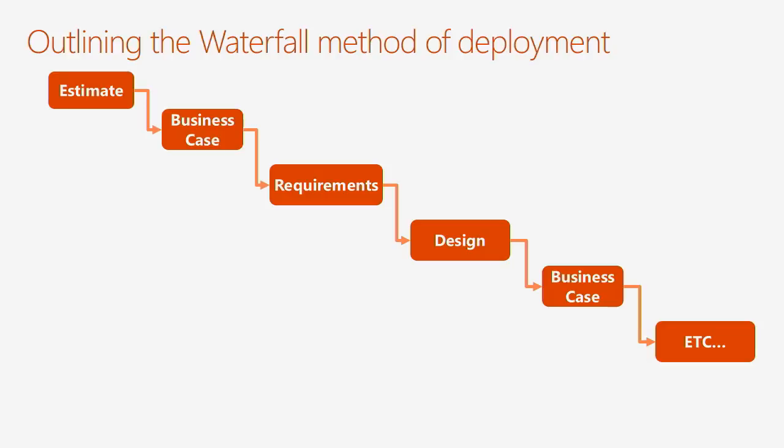So what did waterfall look like for us? Do an estimate of how much it's going to cost. Write a business case, get the business case approved. Write a high-level requirements document, and from the high-level requirements, a high-level design. Get that approved, stop, write another business case, get the approvals on the funding, write a detailed design and detailed requirements, show how the detailed design met the requirements.